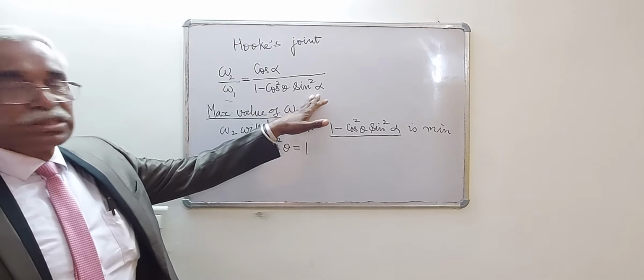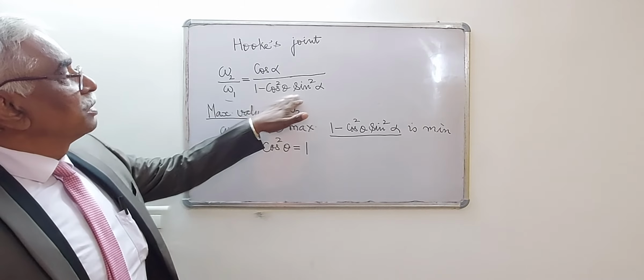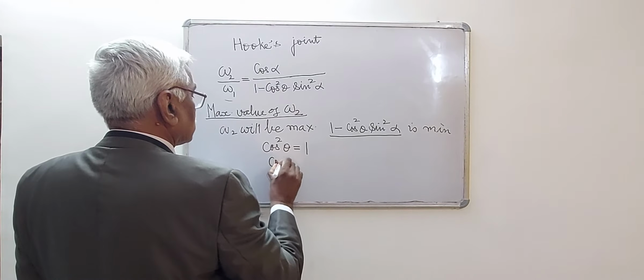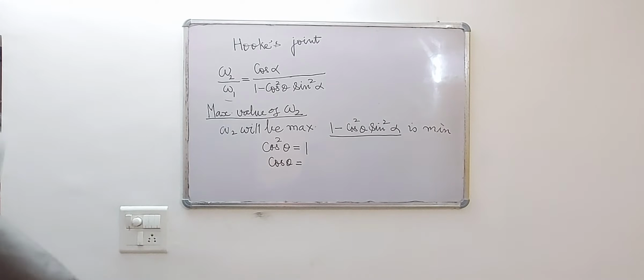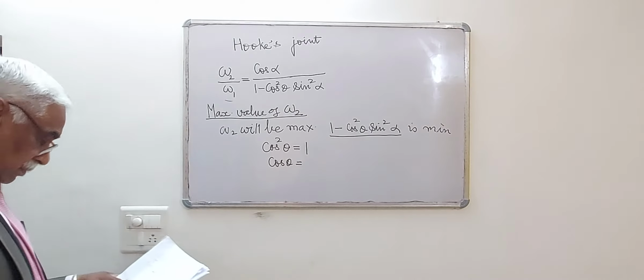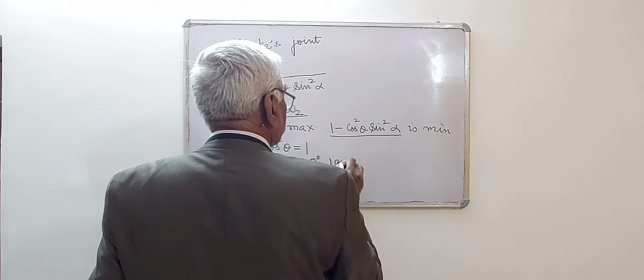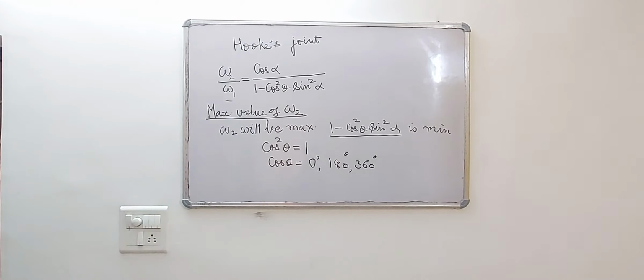It is the angle between the axis of the driving and driven shaft. It means cos theta is equal to 1, so theta is 0 degree, 180 degree and 360 degree.